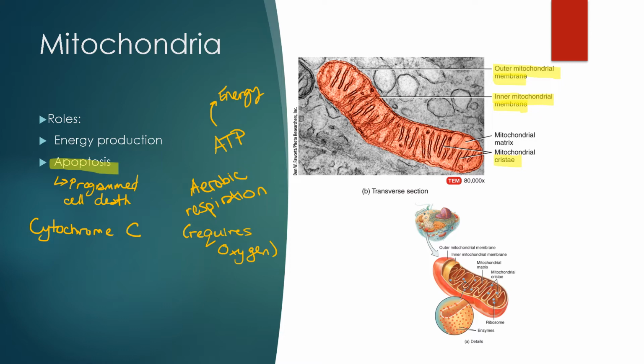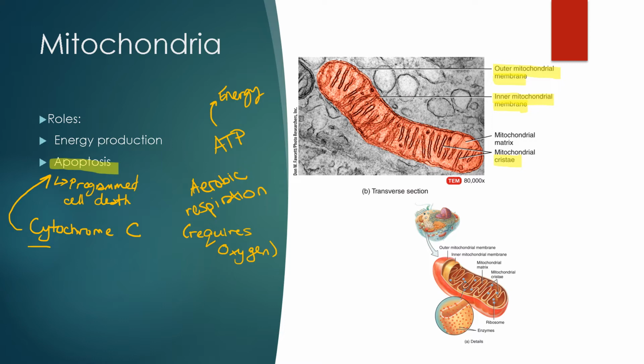So we're going to learn a lot about this a little bit later, but essentially we know that the mitochondria can essentially kill the cell if certain conditions are met. If certain things happen, like there's a lack of oxygen and nutrients, the mitochondria just kind of flips a switch and releases cytochrome C into the cytosol, and this brings about cell death or apoptosis.